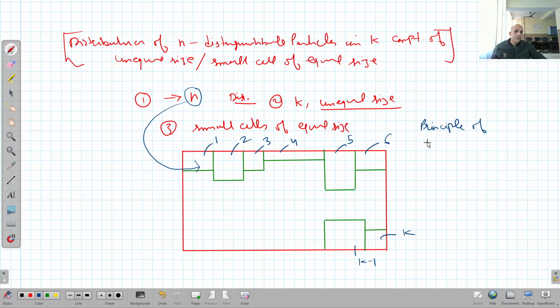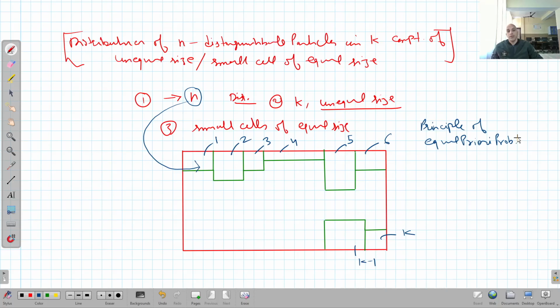The principle of equal a priori probability means something that exists in our mind prior to this experiment, prior to this distribution. If all the compartments are of equal size, then we have to assume that the probability of the particle entering any compartment should be equal. This is the principle of equal a priori probability.